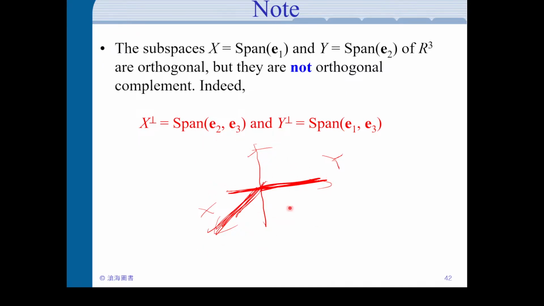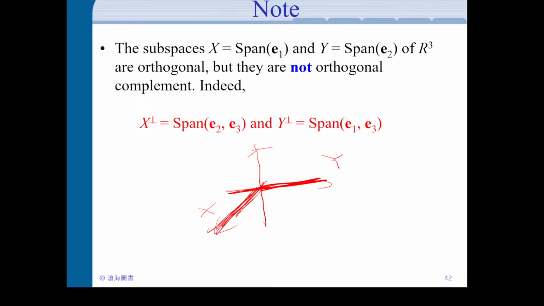The orthogonal complement needs to be the biggest subspace that's orthogonal to X. Here we have the orthogonal complements: the orthogonal complement of X is the YZ plane, and the orthogonal complement of Y is the XZ plane. Okay, so here is the idea of orthogonal complement.